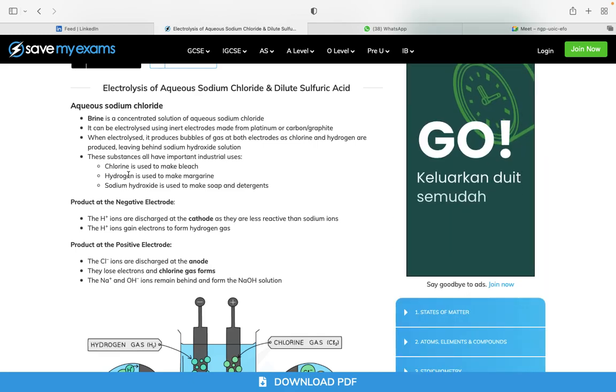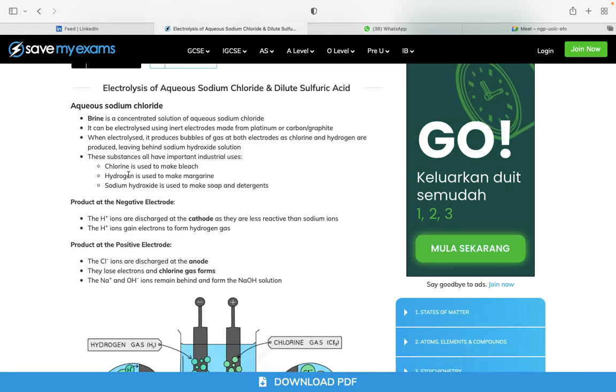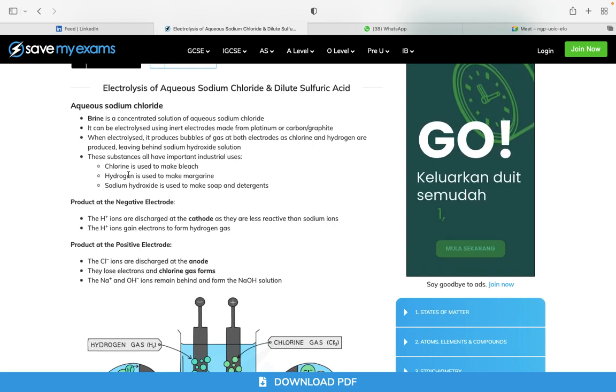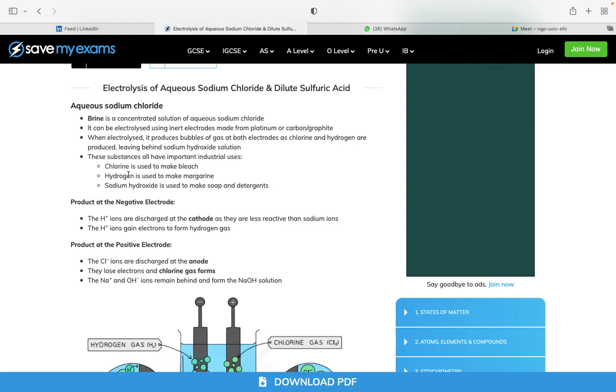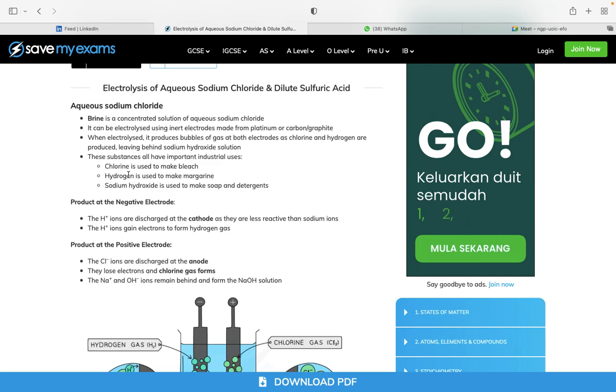The third product, sodium hydroxide, is used to make soap and detergent. What do we use sodium hydroxide for? Soap and detergent. Hydrogen is used to make margarine.